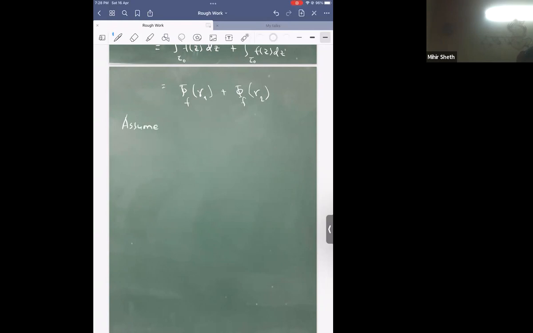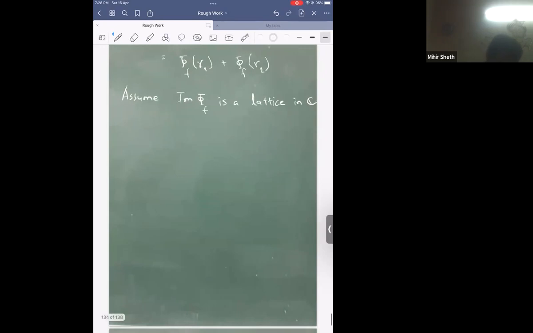Now let's assume that the image of phi of f is a lattice in C. Then what do I have?